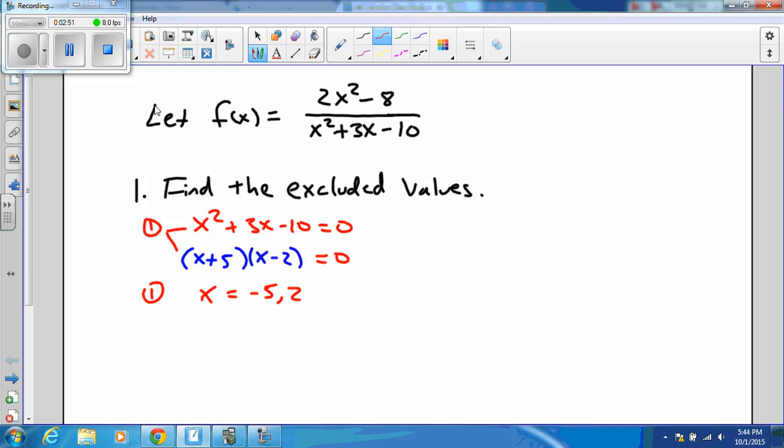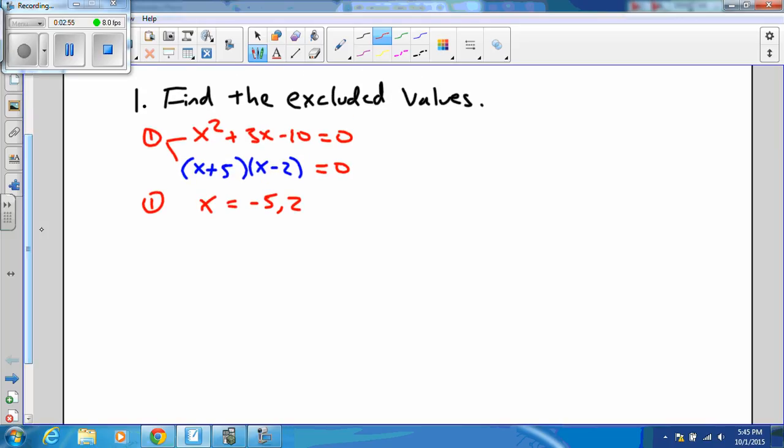Now that I've found these excluded values, I needed to classify each as a vertical asymptote or a hole. And the only way that we have to classify these is with a limit. So I'm going to take each one of these excluded values in turn, and I'm going to consider the limit as x goes to each one in turn.